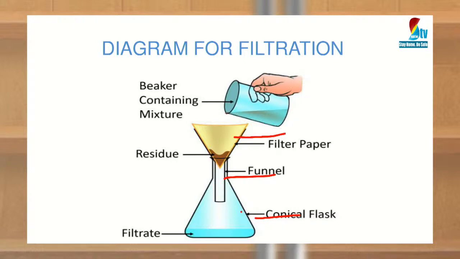And then inside, we place a filter paper, which is the object that is actually doing the separation. Once you pour in the mixture, dear learner, what you expect to come through the pores of the filter paper is the filtrate, which is in liquid form. And on the filter paper, the residue will be left. It's up to you whether you want to discard it, but this is now the insoluble solid.